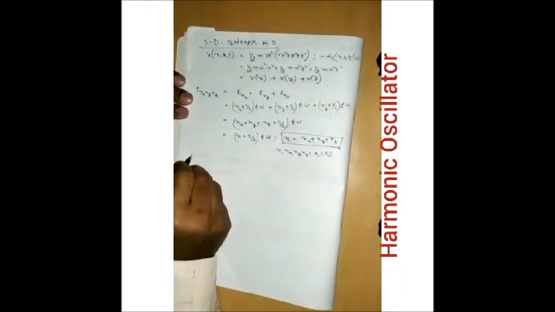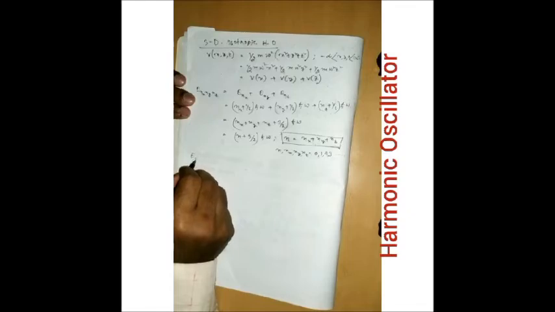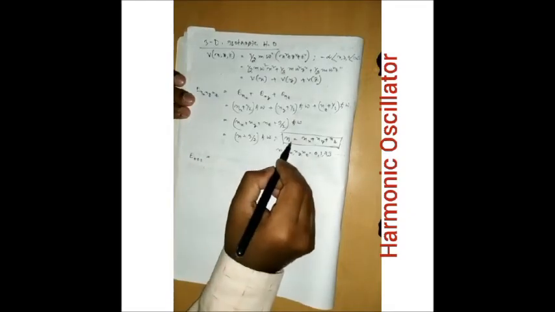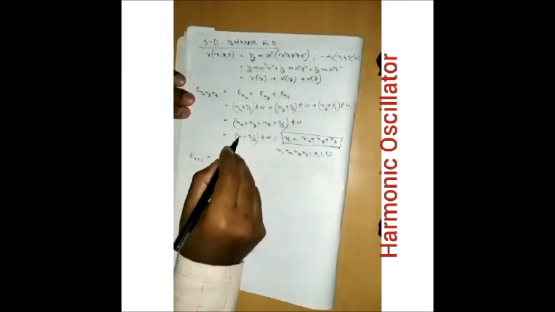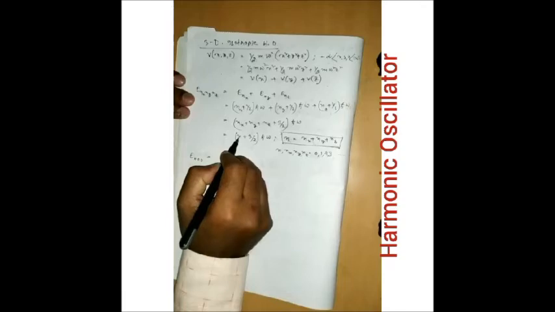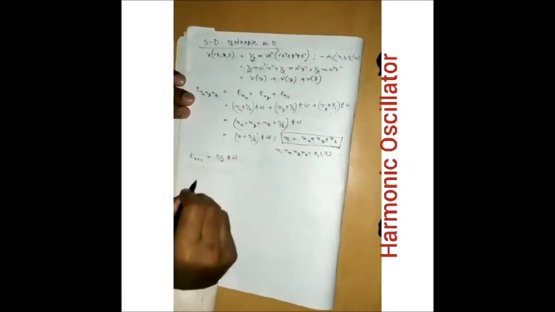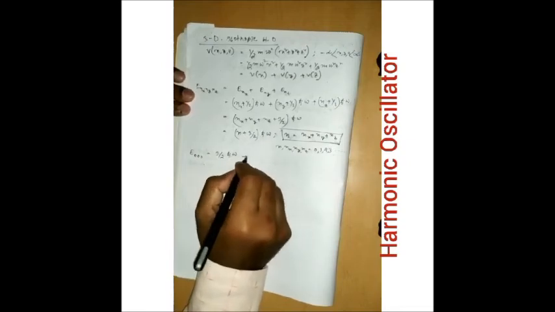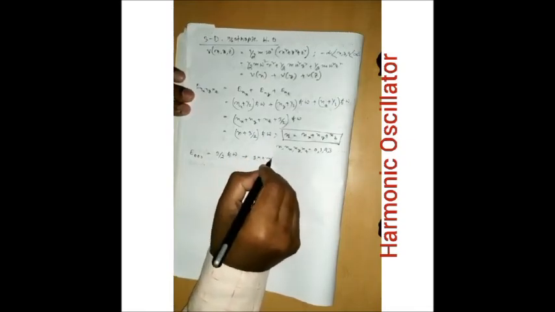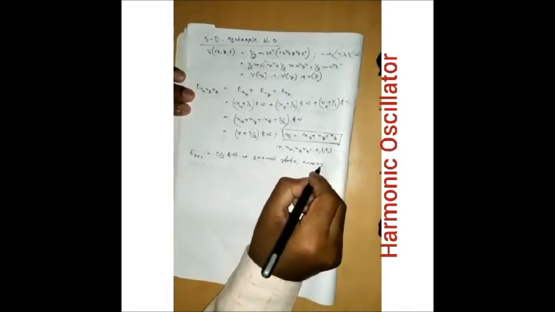So let us take the ground state energy. nx, ny and nz will all be 0, then we will get n equal to 0, clear. So you just put nx, ny and nz equal to 0, or simply put n equal to 0. It will be 3 by 2 h-bar omega, clear. This is the ground state energy.